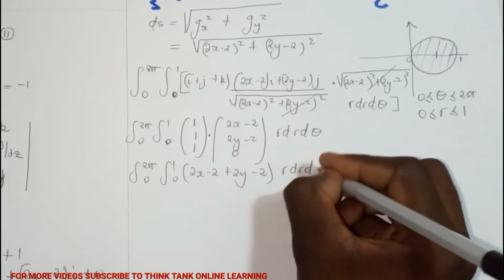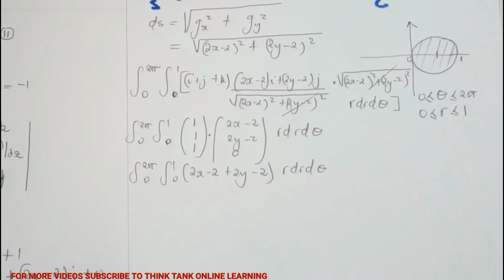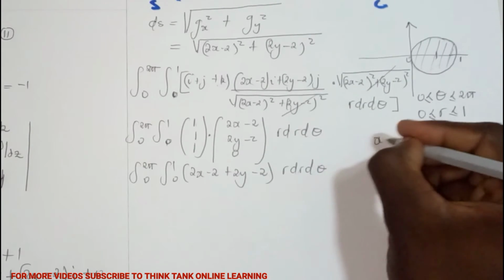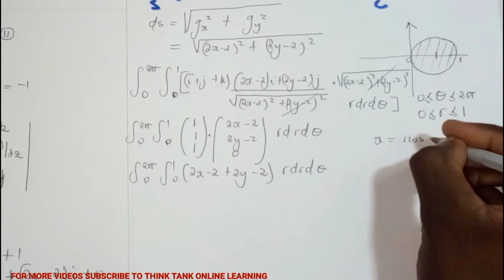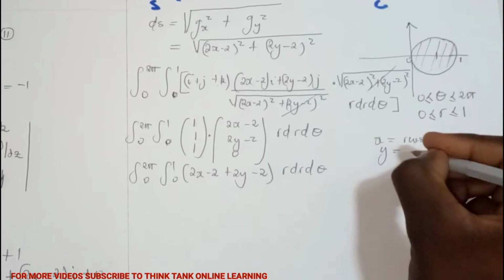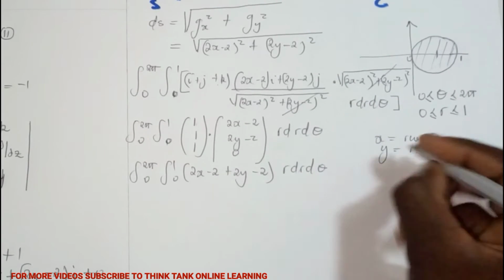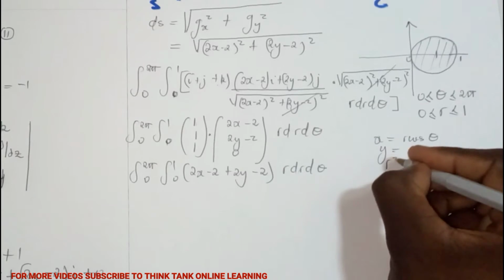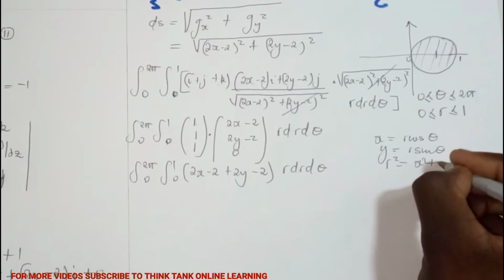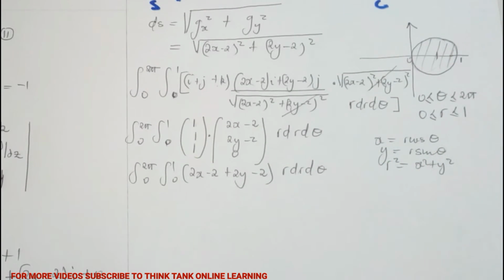r dr d theta. Since we're in polar coordinates, you know what x is. x equals r cos theta, y equals r sin theta, then r squared equals x squared plus y squared.